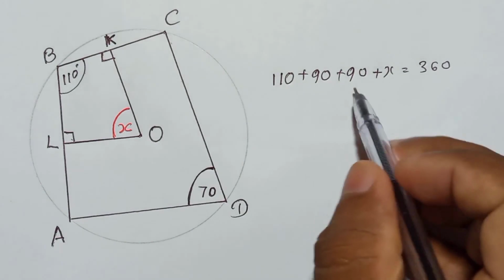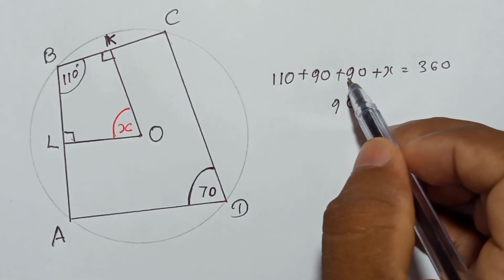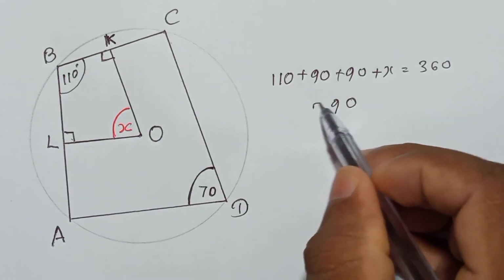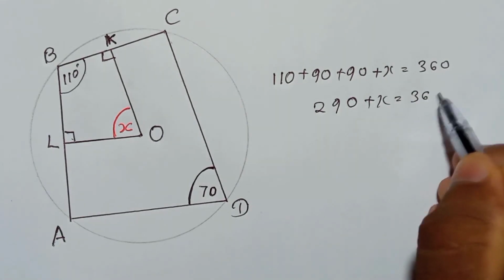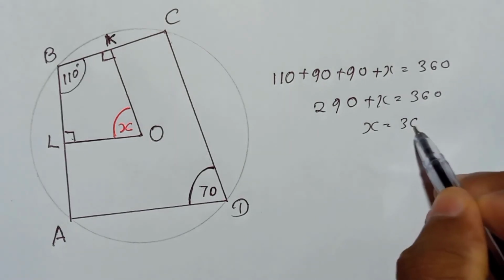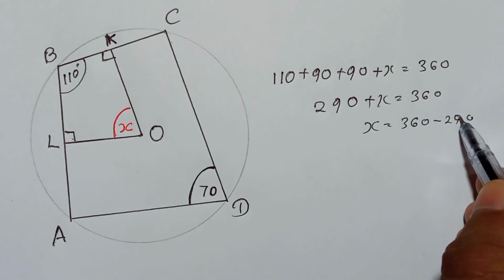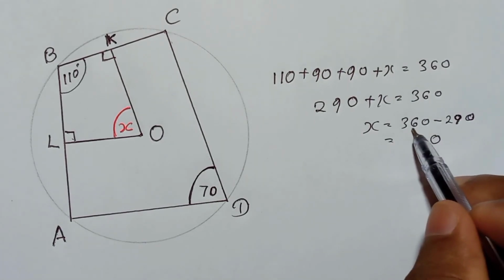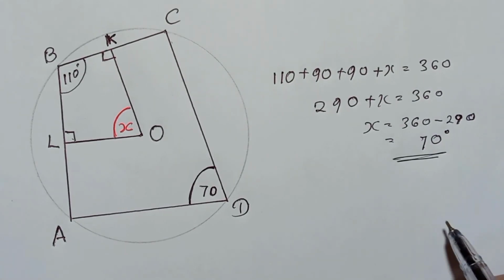Now let's add all of this together. That is 290, plus x equals 360, and then to find x, 360 minus 290, right? So here your answer will be 70 degrees.